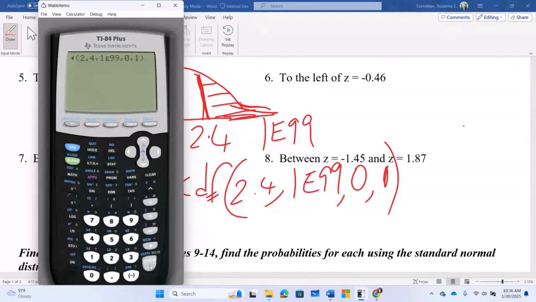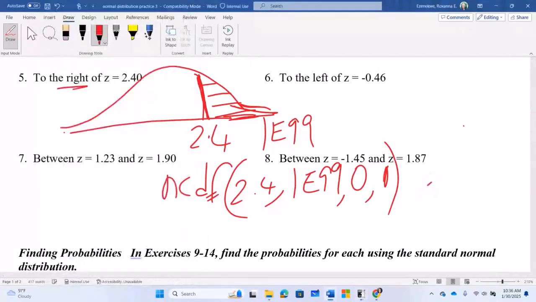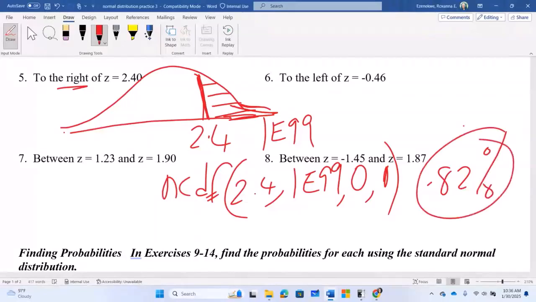So I'm calculating area to the right of 2.4 now, and that area is 0.0082 or 0.82%. That is the area. So I just did number 5, area to the right, where the positive infinity is 1 e to the power 99.